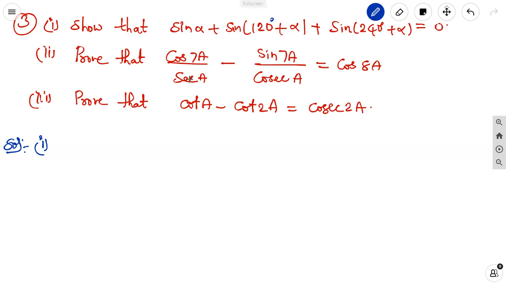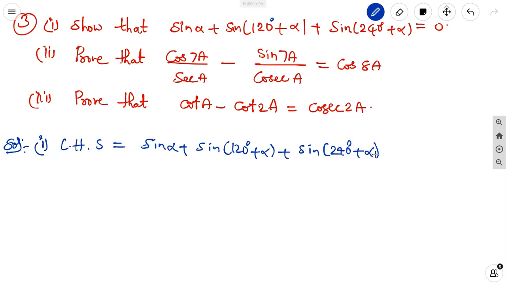First one, LHS is equal to sin alpha plus sin of 120 degrees plus alpha plus sin of 240 degrees plus alpha. 120 degrees plus alpha can be written as 180 minus 60 plus alpha. 240 plus alpha can be written as 180 plus 60 plus alpha.